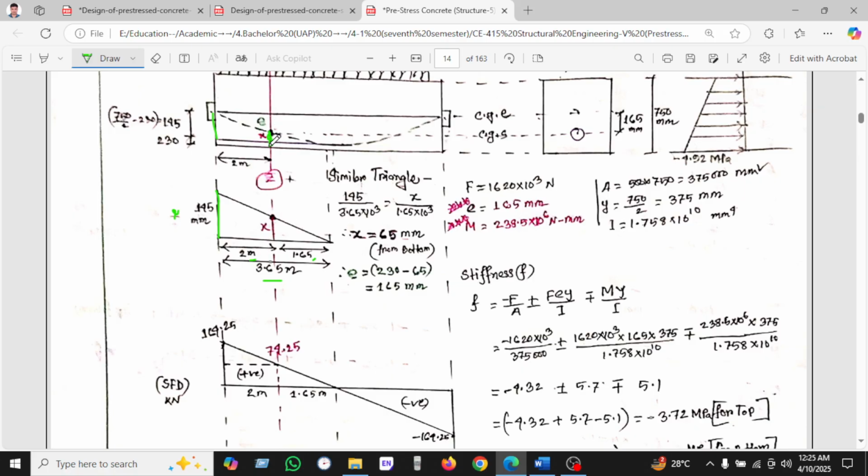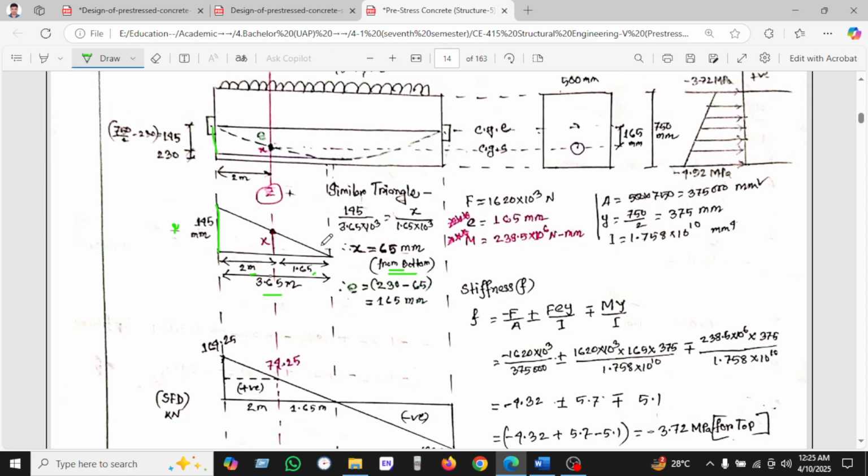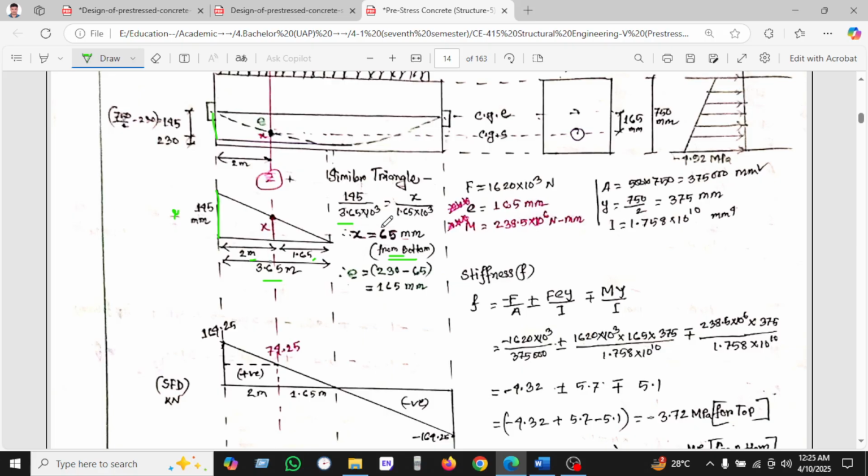And what will be the value of x? From the similar triangle we have been calculating here 145 and 3.65 equal to x into 1.65. Okay, and in this way we calculate 65 millimeter from bottom. 3.65 is in meter, converted to millimeter as 10 to the power 6, and 1.65 is this length.